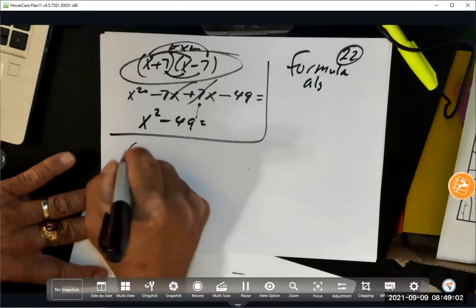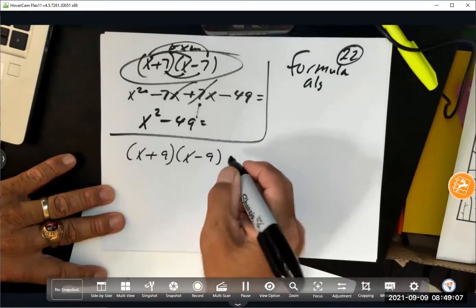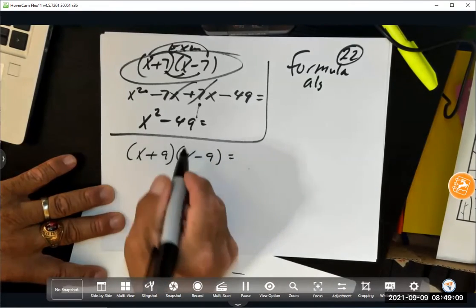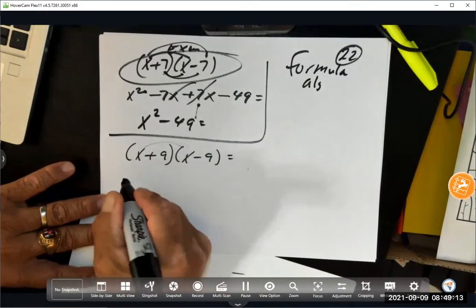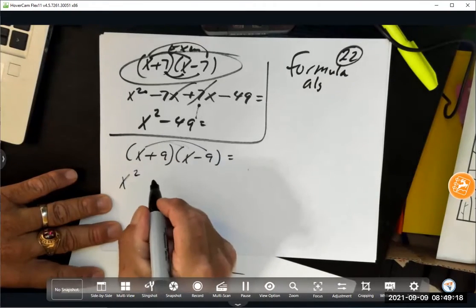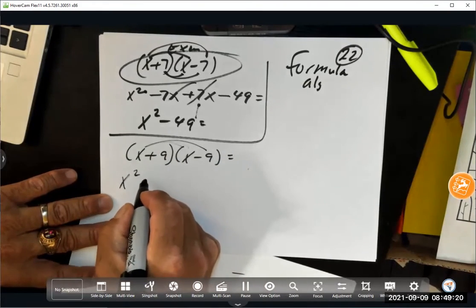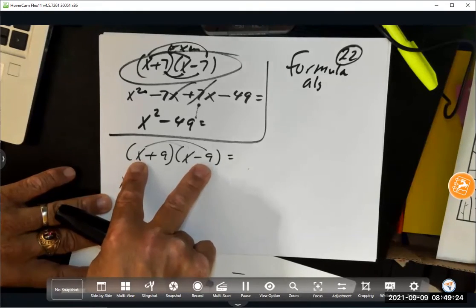Okay. Let's do that one. You'll see in a second. X plus 9 times x minus 9. I'm just going to multiply this out. Ready? So x times x. What is x times x? X squared, right? What's x and negative 9? Negative 9x.